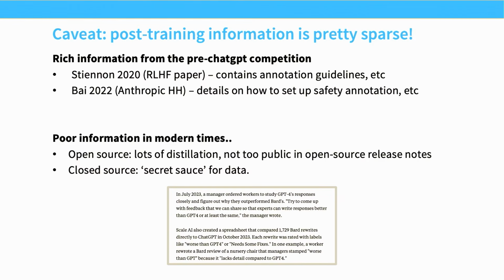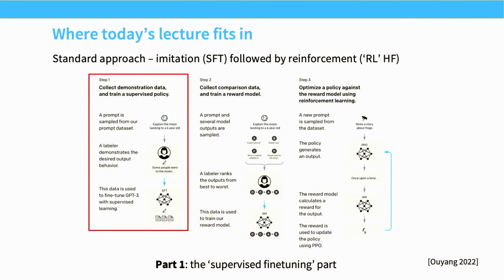One of them was that they were trying to make Google Bard better, but they couldn't figure out why GPT-4 was so much better. And so they said, well, we need to reverse engineer what's happening, and we need to get our annotators to produce responses that are more detailed and better than GPT-4, right? So these kinds of competitive dynamics are happening all the time, and that's also why some of this detail is going to be missing from today's lecture.